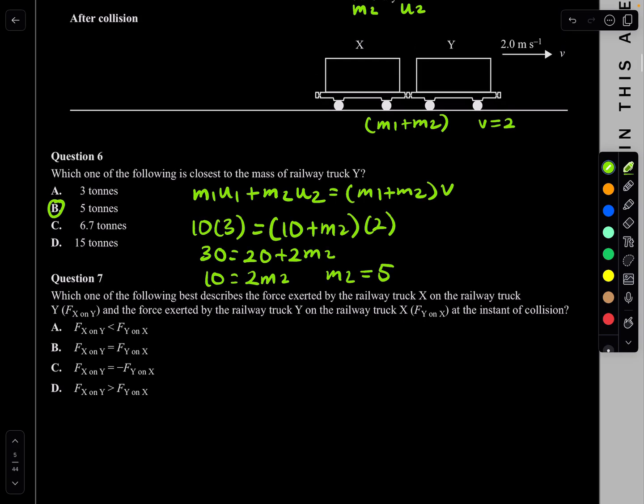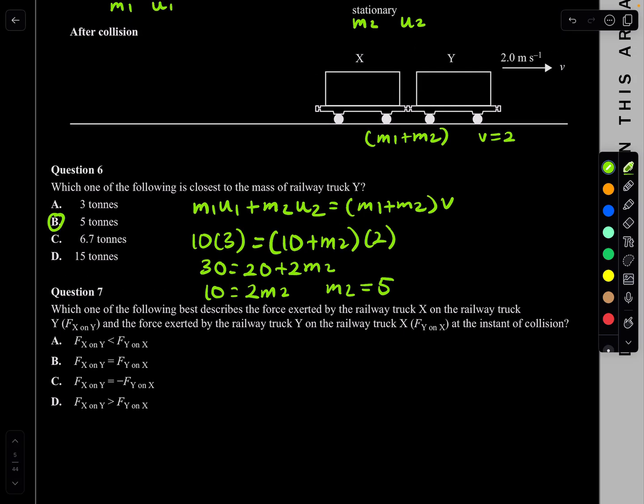Question 7. Which of the following best describes the force exerted by the railway truck X on the railway truck Y, Fx on Y, and the force exerted by the railway truck Y on the railway truck X, Fy on X, at the instant of the collision?